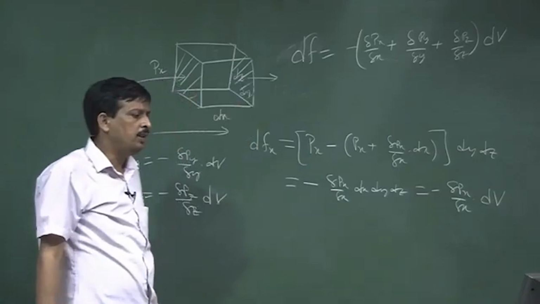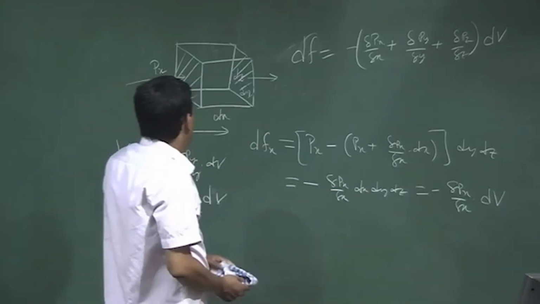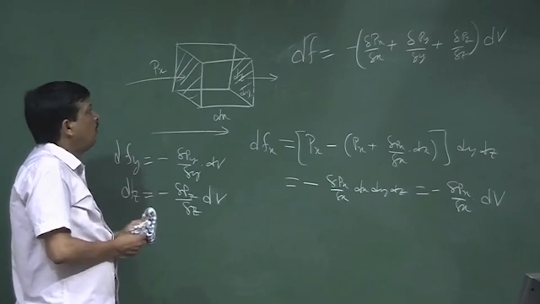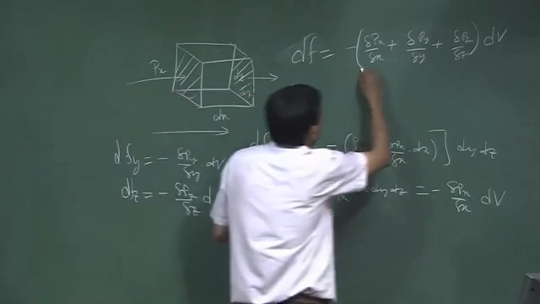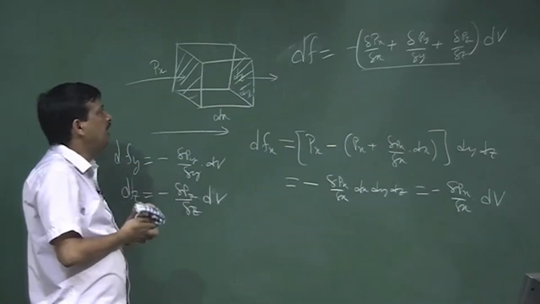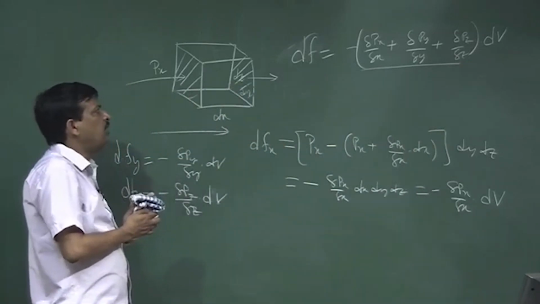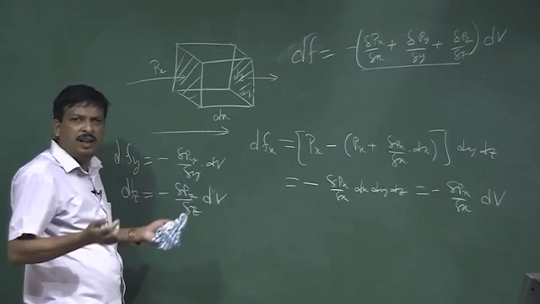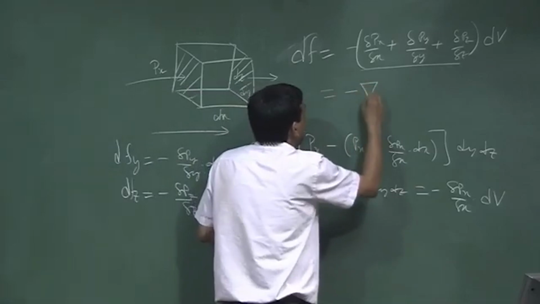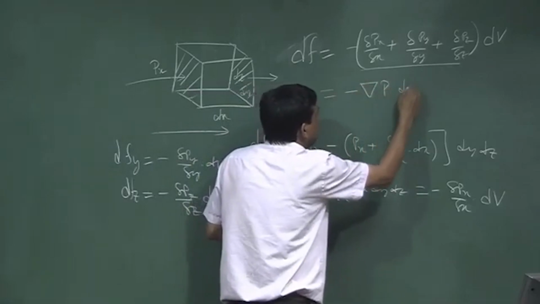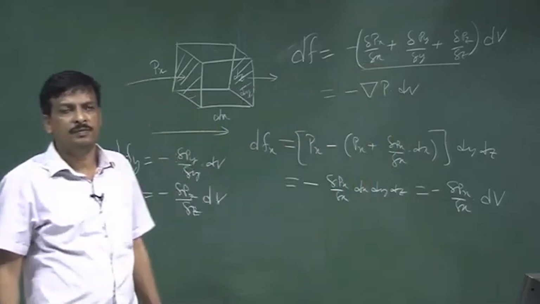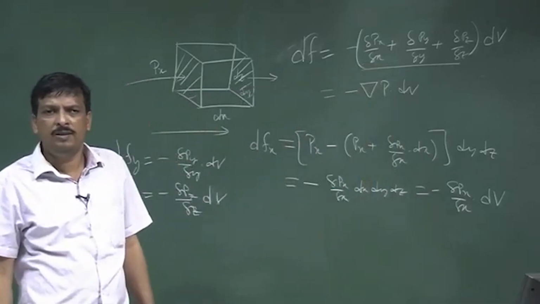Now, what is this? del Px by del x, del Py by del y, del Pz by del z is nothing but the divergence. So, I can write minus divergence of P into dv.